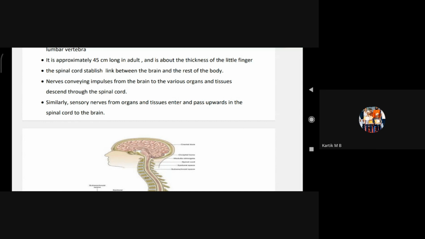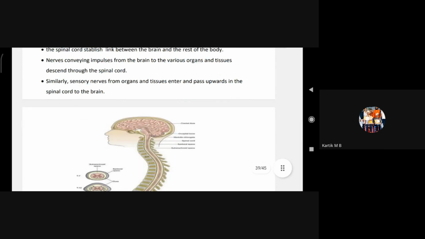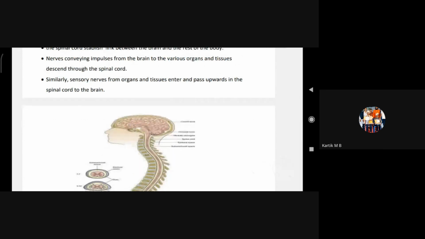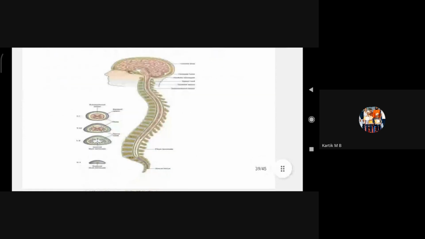Peripheral nerves originate from the spinal cord only. So nerves conveying impulses from the brain to the various organs and tissues descend through the spinal cord. Similarly, sensory nerves from organs and tissues enter and pass upward in the spinal cord to the brain. And vice versa.